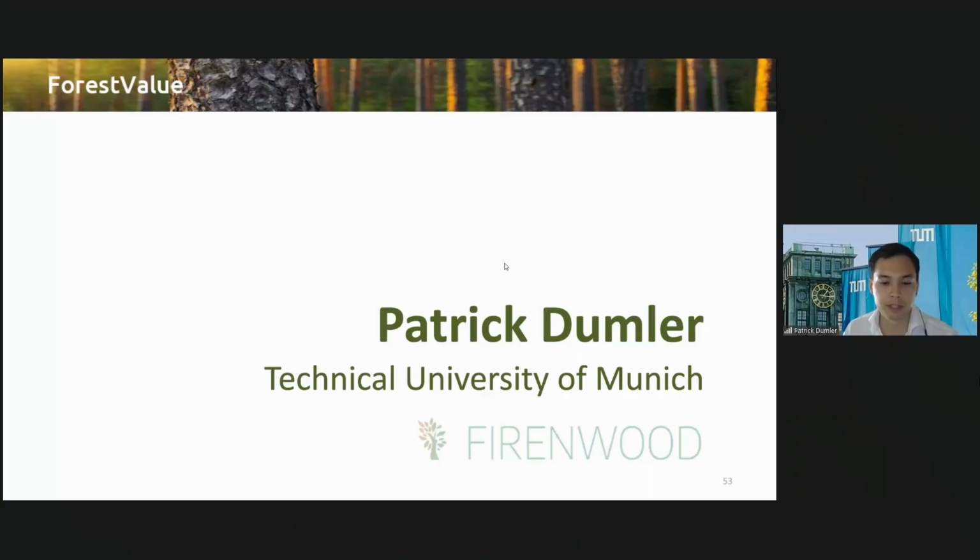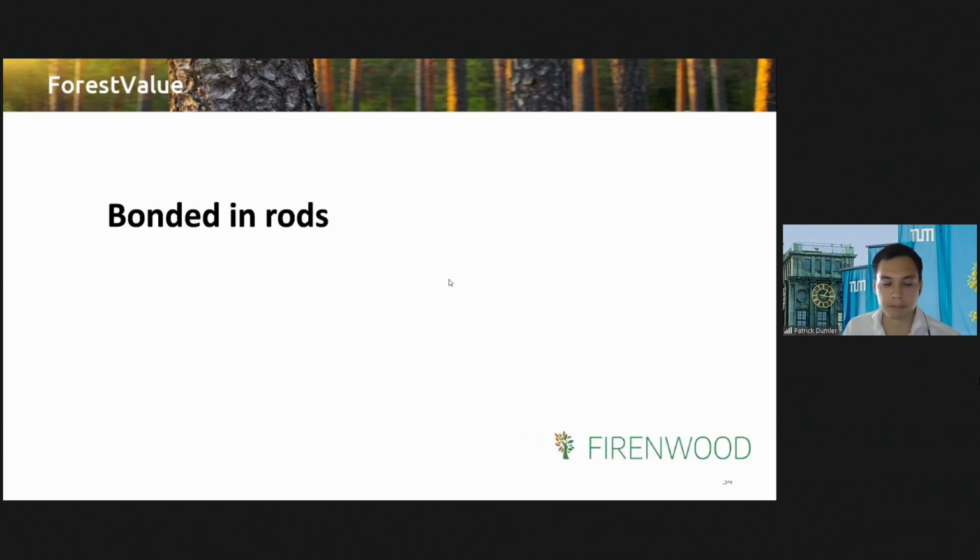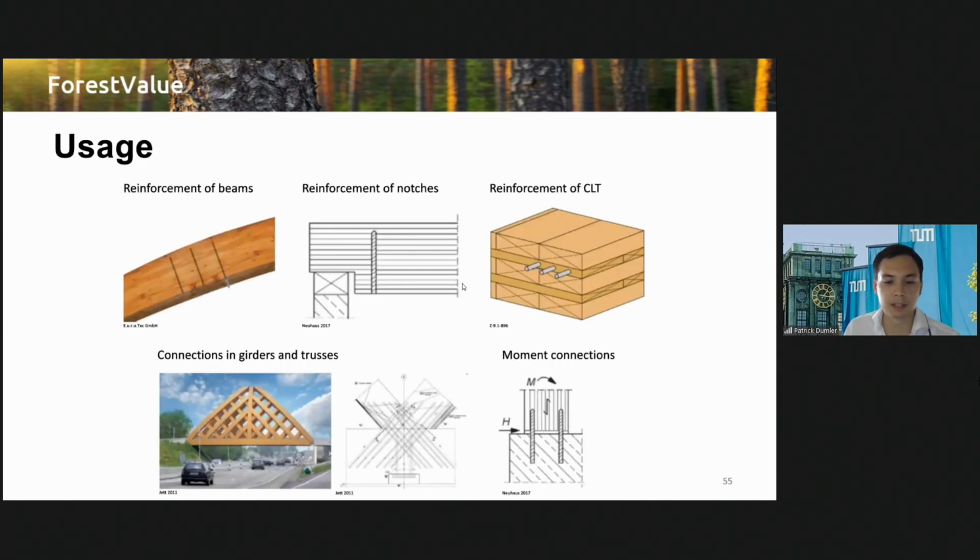As Allah said, we investigated the fire behavior of glued-in rods. It is a specific type of connection because three materials interact: the timber, the adhesive, and the steel rod. This type of connection has advantages like high stiffness and strength, but also optical ones, because the connection lies inside the timber.